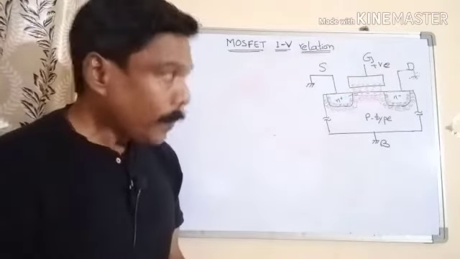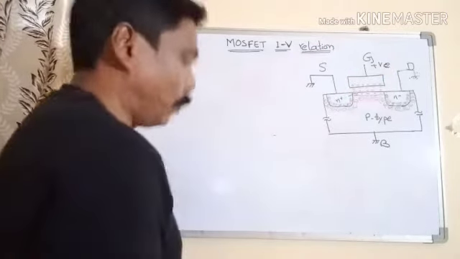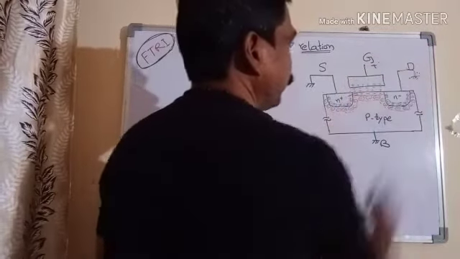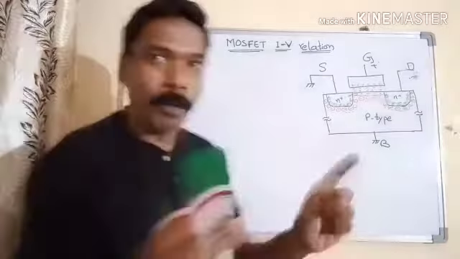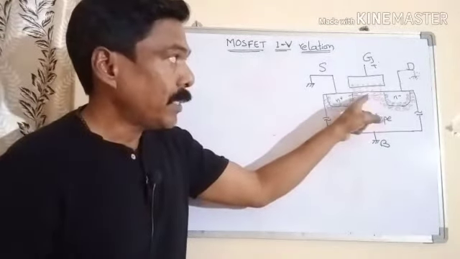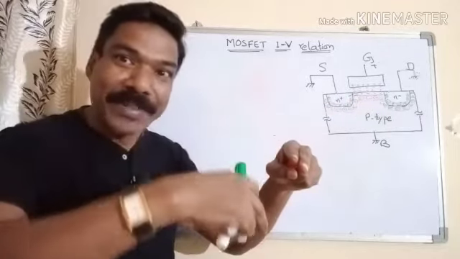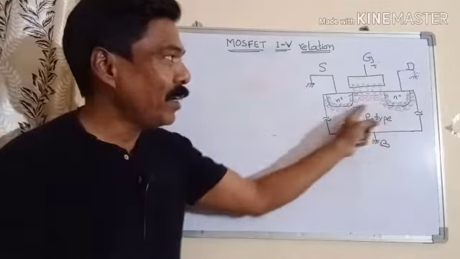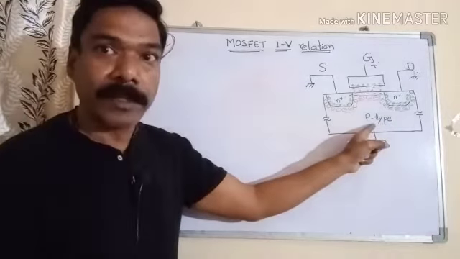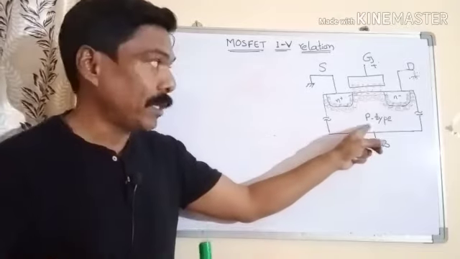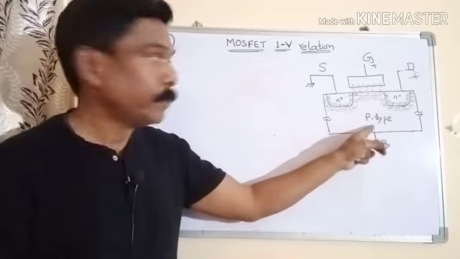Now for a particular gate voltage, when you fix the gate voltage to some high positive voltage, one more point here: as you keep on increasing gate voltage, the surface potential will keep on increasing. The background semiconductor is p-type, so that will have a potential, the potential of the p-type semiconductor.